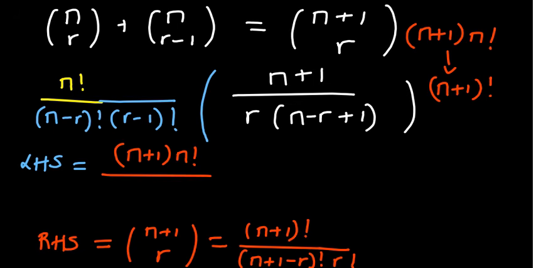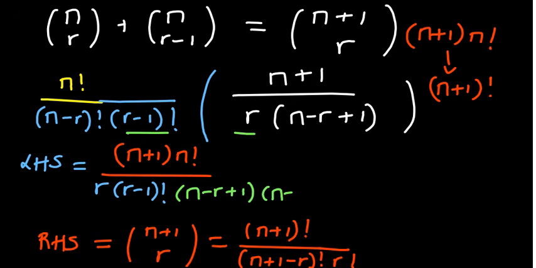So what we have on the denominator part, so I've got r multiplying by r minus 1 factorial, grouped together, and then the other part as well, we have n minus r plus 1 multiplied by n minus r factorial, also grouped together. That should be equal to, now the top part I've already shown you, if you combine them, get the bigger one, so n plus 1 factorial.